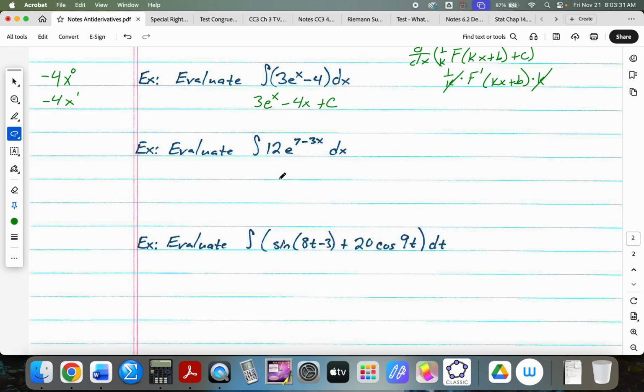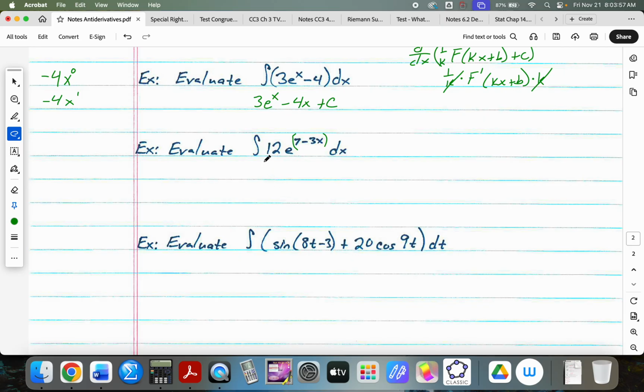All right, let's look at this next one. Somewhat similar to the first part of the last one, but notice we have this function within a function, a composite function, and the inner part is linear, right? It's negative 3x plus 7 if you want to put it in more the standard order.